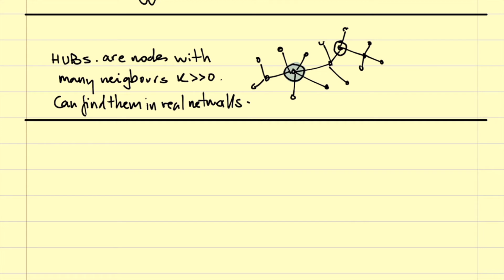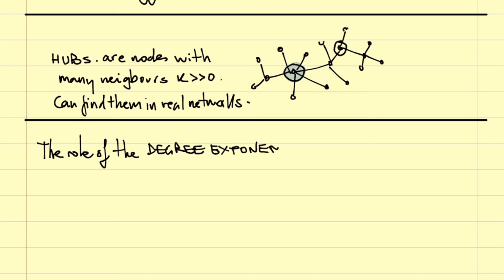Okay, what is the role of the degree exponent gamma in the network structure?